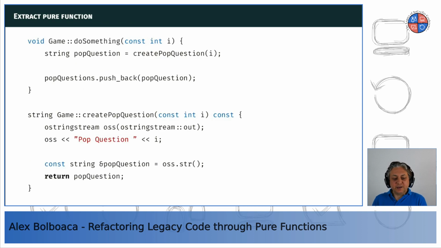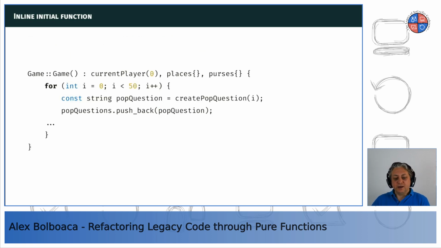And then I can extract the pure function. So now I have a pure function and I have an impure function. And if you notice, you don't necessarily have to completely understand or read fully the code, because everything that I've done until now has been given to me by the compiler.